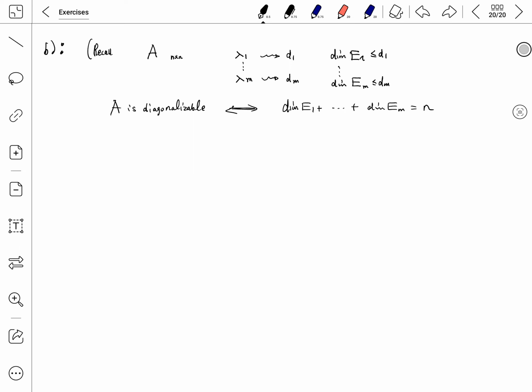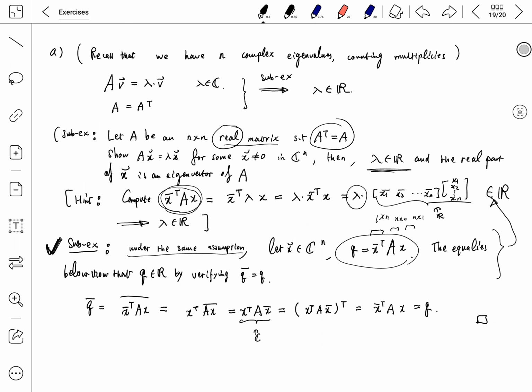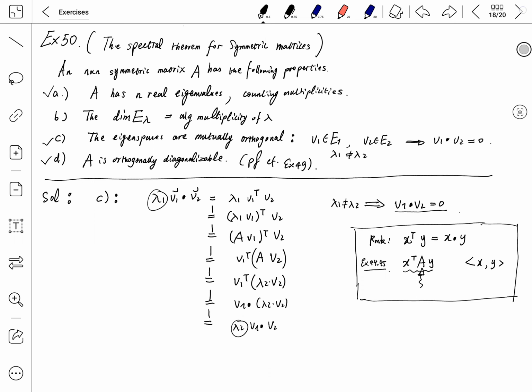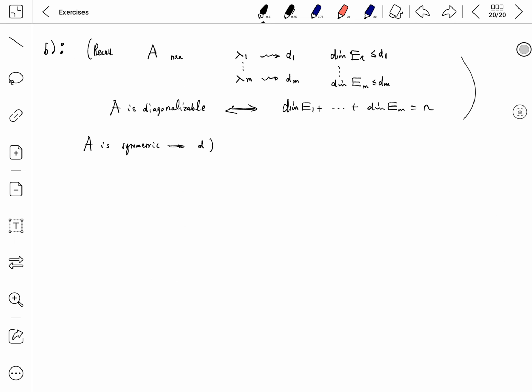And so here, the fact that A is symmetric implies A is orthogonally diagonalizable, in particular diagonalizable.